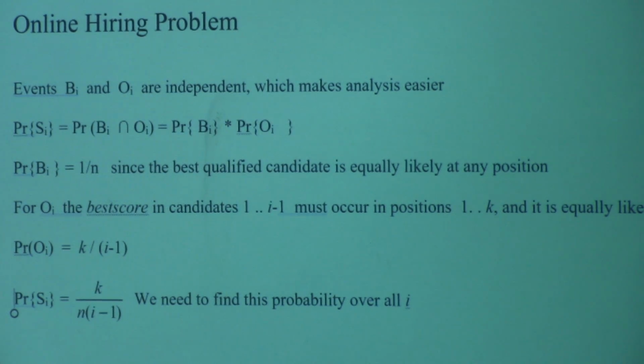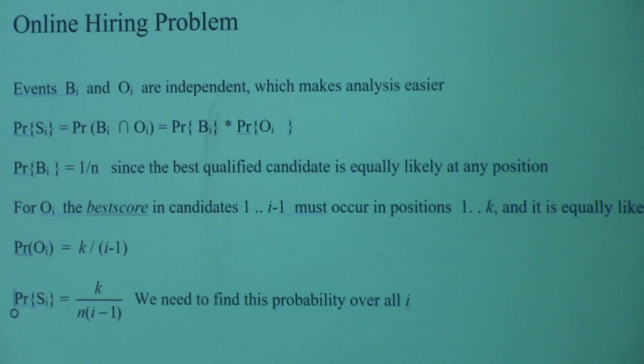Why? Your best candidate is in positions 1 through 3. The best candidate is in 1 through 3, and there are three possibilities out of 10, equally likely. So 3 out of 10 is the probability of having the best candidate in the control group rather than in positions k plus 1 through I minus 1. 3 in the control group out of 10.